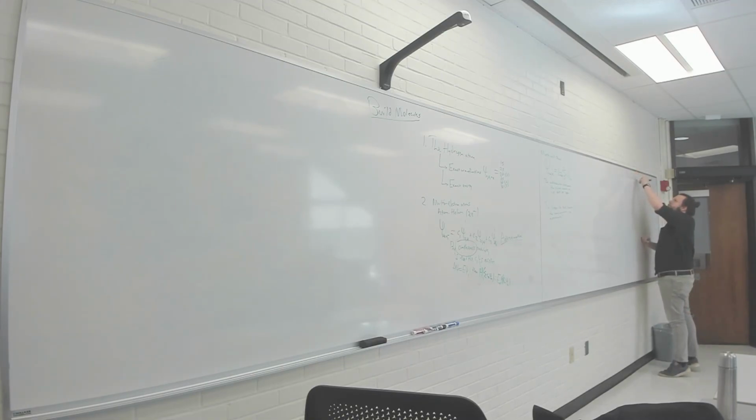The idea is called the linear combination of atomic orbitals theory, LCAO. Let me explain a little bit about how this works. Let's assume you have a molecule with n atoms.